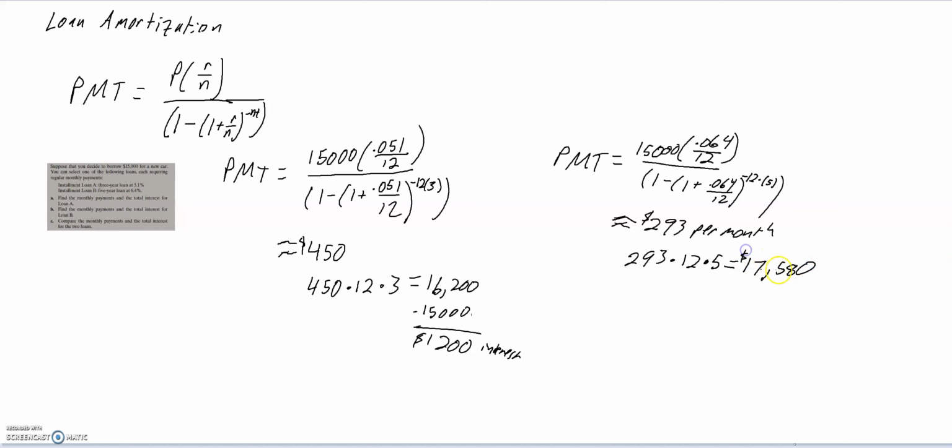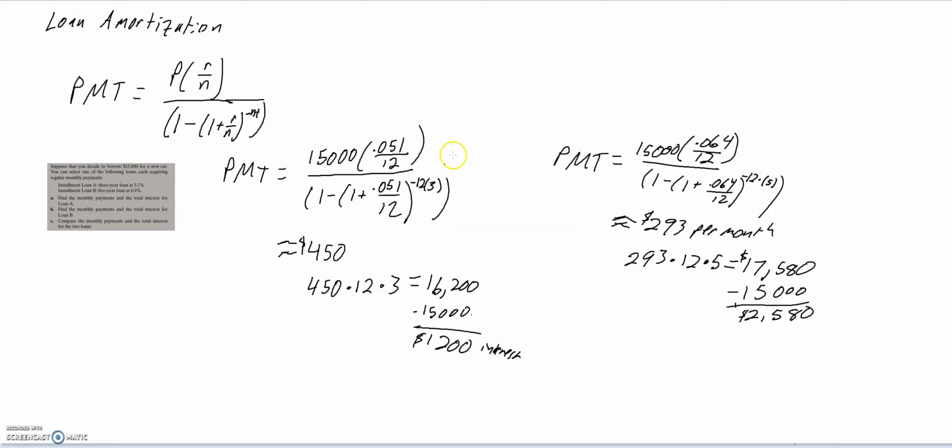Okay, so this is how much I'm spending total. So now I'm going to subtract the total amount of the loan. This will tell me how much interest I'm paying. $2,580.